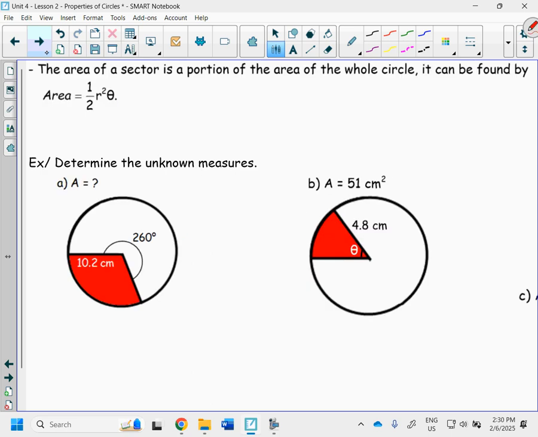First idea, in our formula booklet, the area of a sector is always 1/2 r squared theta. I do want to point out, really this is just a handy rearrangement of the area of a circle, pi r squared. Pi r squared is the area of a circle.